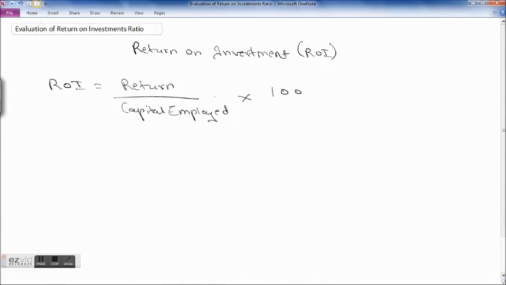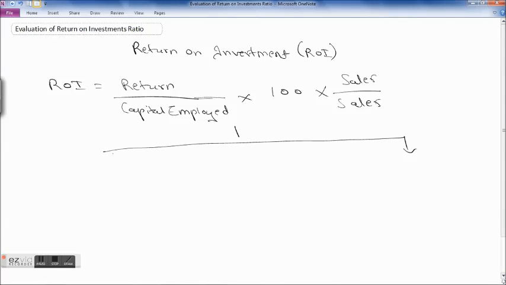into 100. Now say if we multiply and divide this formula by sales, it gets bifurcated into two formulas. So what are those two formulas? One is return upon sales into 100. This is the profitability ratio.